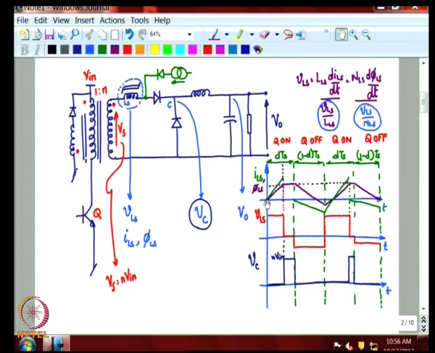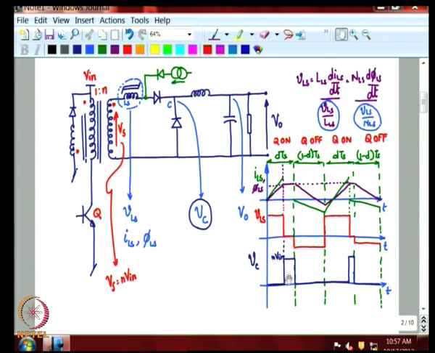If the starting point of the flux is higher up in the y axis, you would get a larger pulse width. If the starting point is lower down on the y axis, towards the minus phi sat, then the pulse width which appears at Vc is smaller.